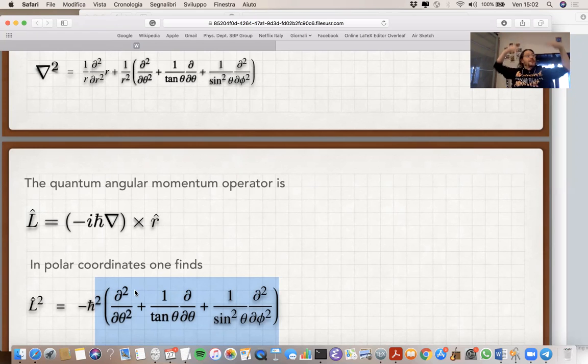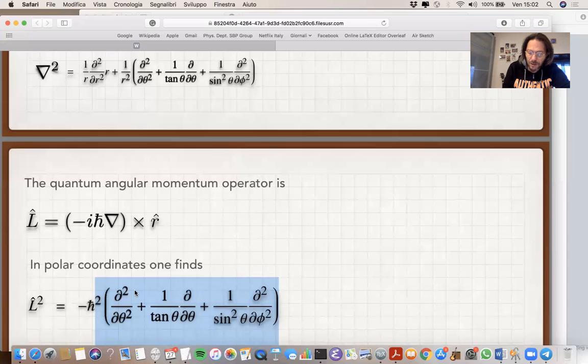The eigenstates of the Hamiltonian will remain over time eigenstates of the Hamiltonian, meaning that if the Hamiltonian and the square of the angular momentum operator have a joint eigenbasis, then clearly the time evolution will not change the state of the system. So if you are in a given angular momentum state, you'll remain in that angular momentum state. So yes, angular momentum is conserved even in quantum mechanics for this problem.